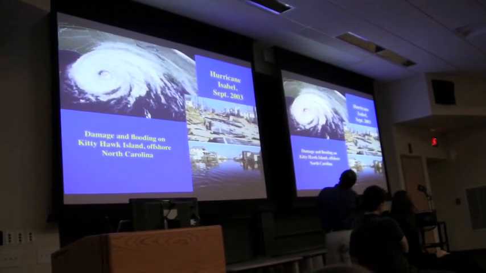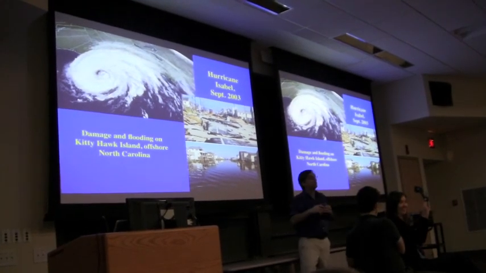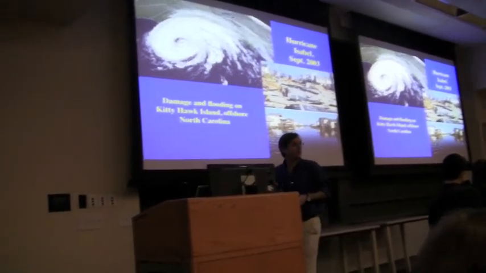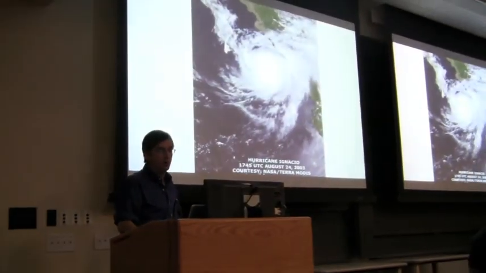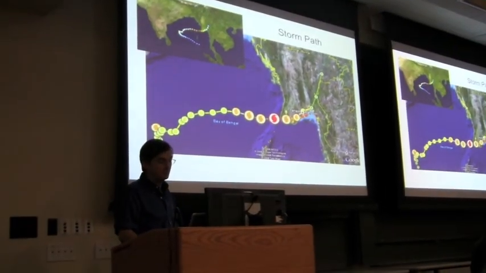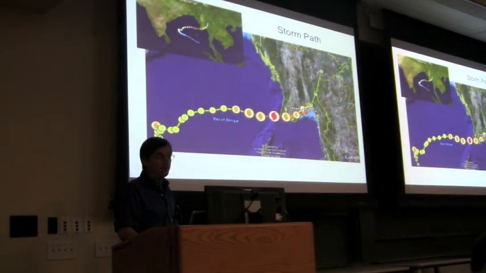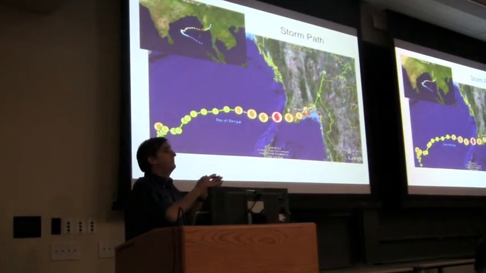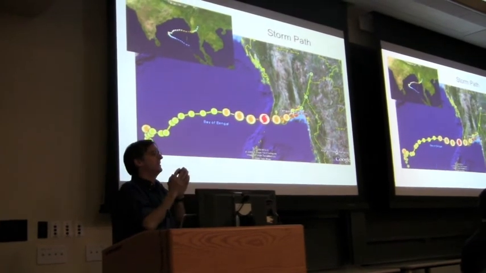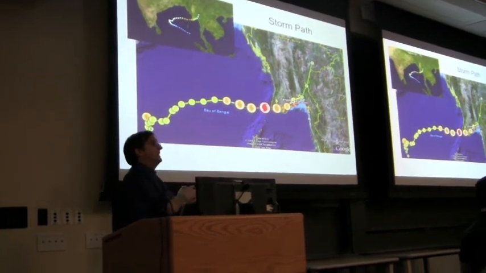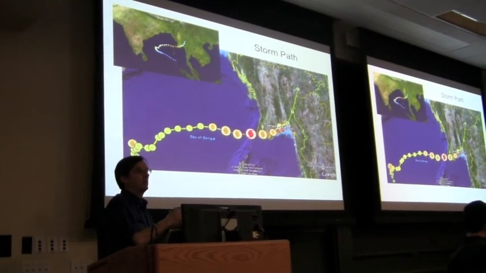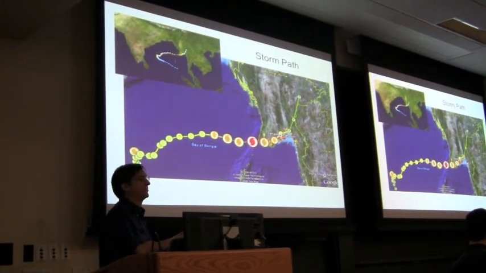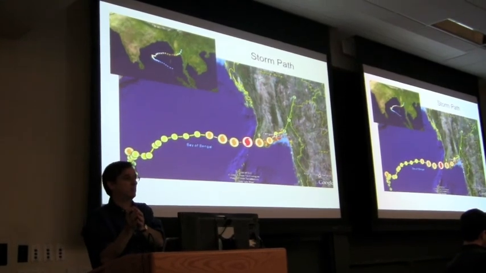So right on either side of the eye of the storm, you could have a difference of 50 miles an hour of wind speed. And that's often the difference between life or death or the destruction of a storm. For example, if Katrina had been slightly to the west, the damage would have been much worse for New Orleans, because New Orleans would have been on the worst side of the storm. Okay?